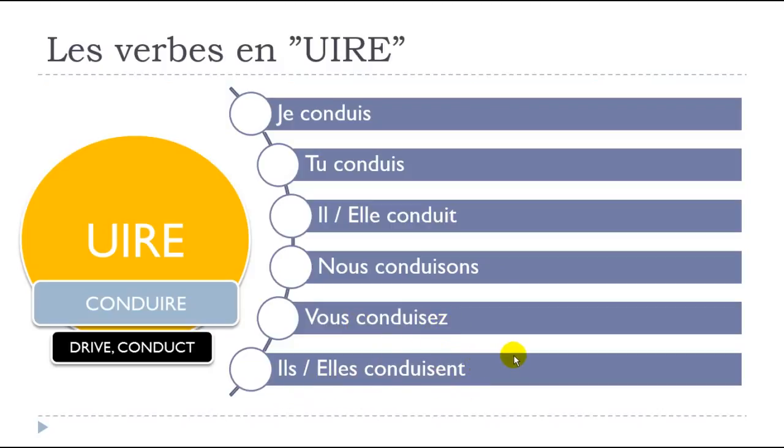Basically these verbs are not really tricky. The only thing you have to remember is that this is s here, conduisons. If you put an r here, it would be the future form. So keep in mind that you put s here. Conduisons, conduisez, and here conduisent.